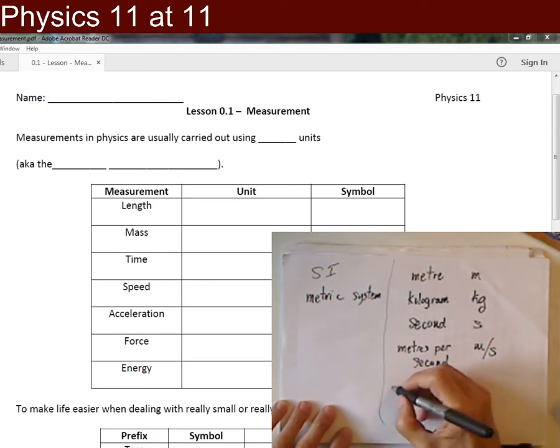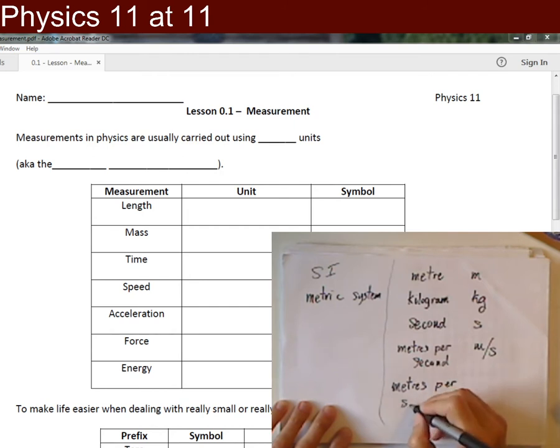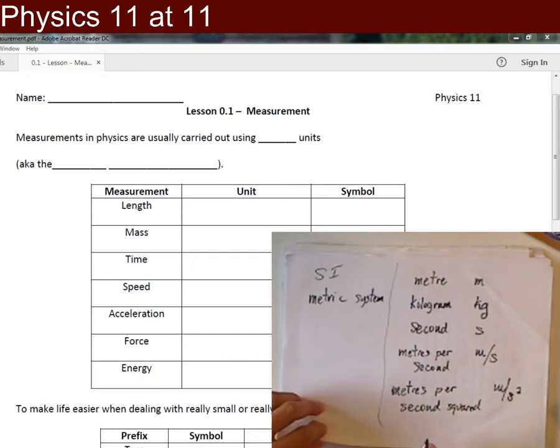For acceleration, this one's going to seem a little strange, but we'll make it less strange once we take a look at it. Okay, for acceleration, this is meters per second squared. And the symbol is exactly that, meters per second with the squared there at the bottom. Two to go.